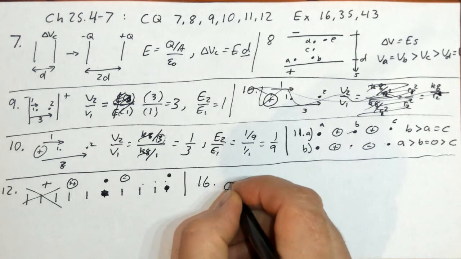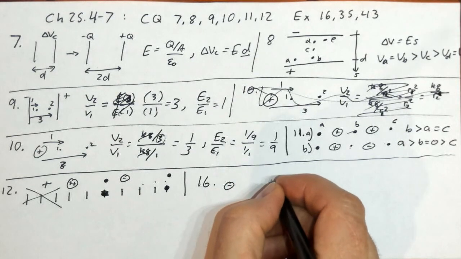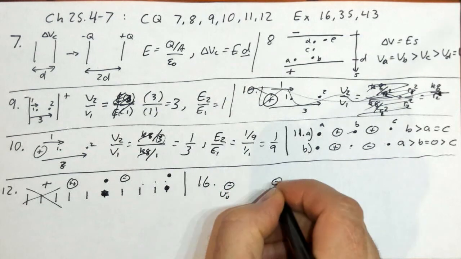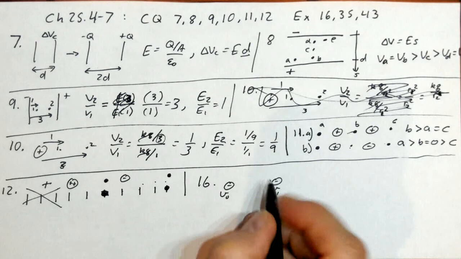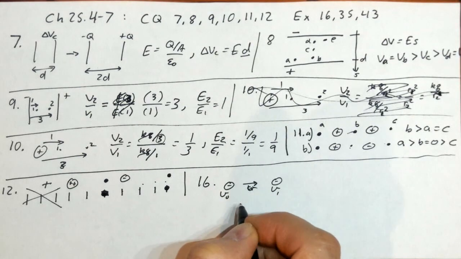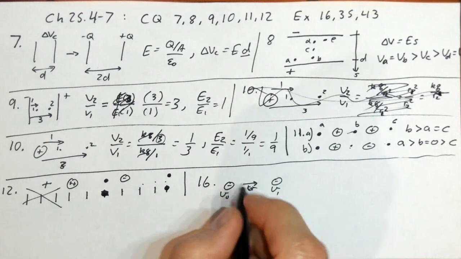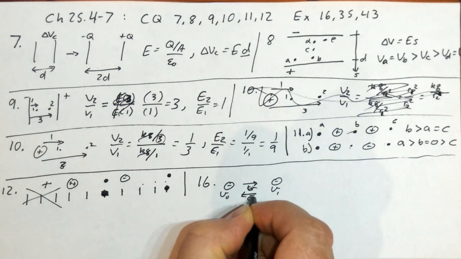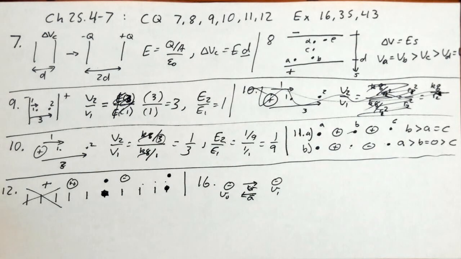So we have an electron, it's starting here, and then it gets over here. And this is its V0 and its V1. It's moving this way. That's its velocity. But it's slowing down, which means the acceleration is that way. It's opposite. Now let me ask, what is the direction of the electric field in this case?